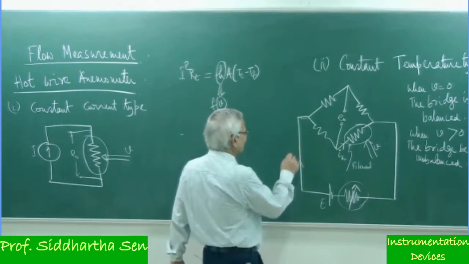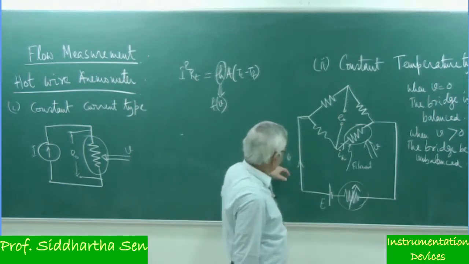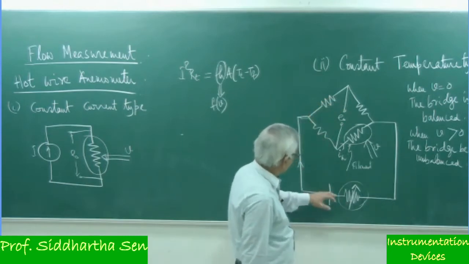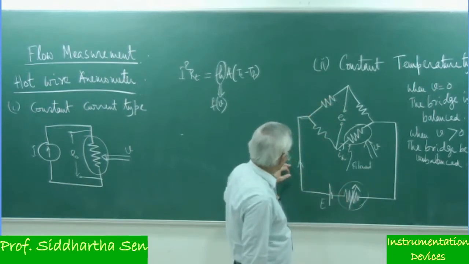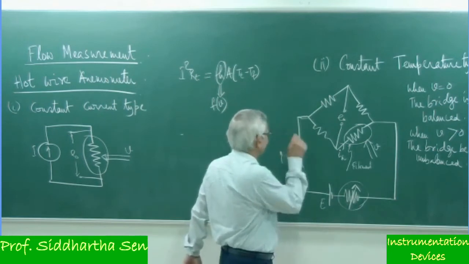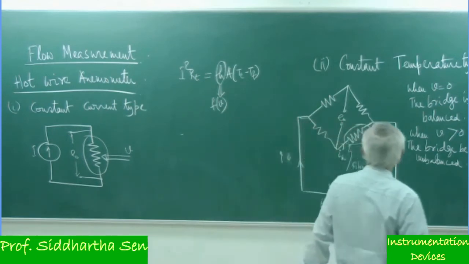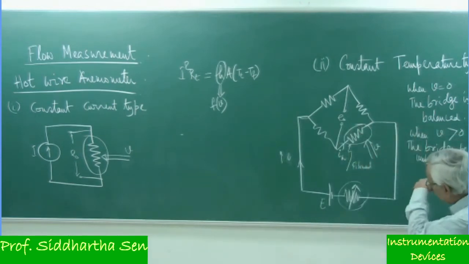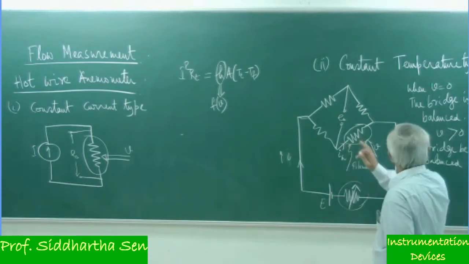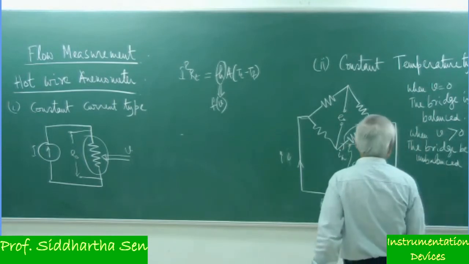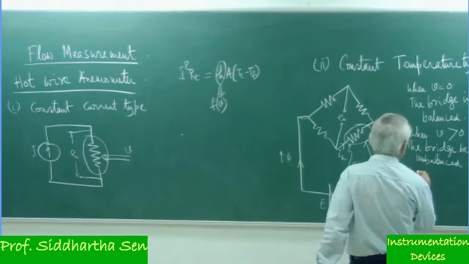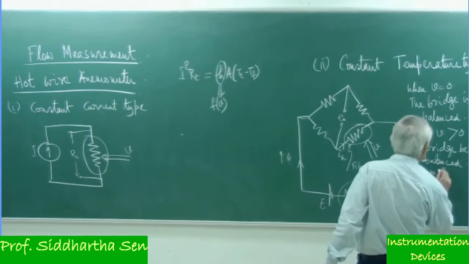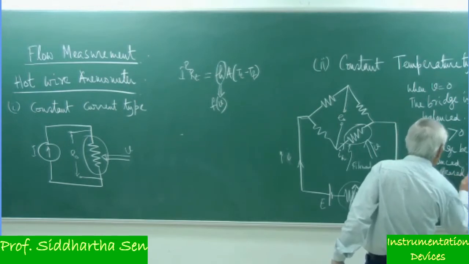As the I increases, what will happen? Suppose I see the bridge has become unbalanced, my job will be to vary the resistance so that the I increases. If the I increases, what will happen? The IH, the current through the hot wire filament, will also increase.